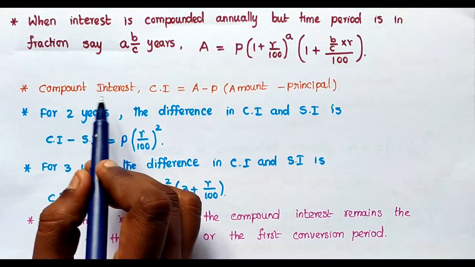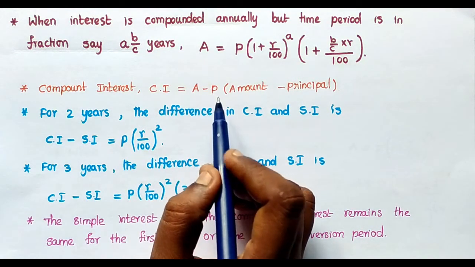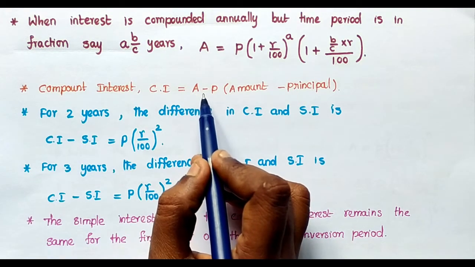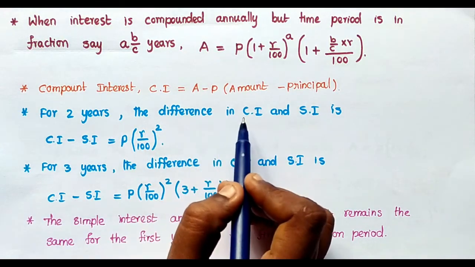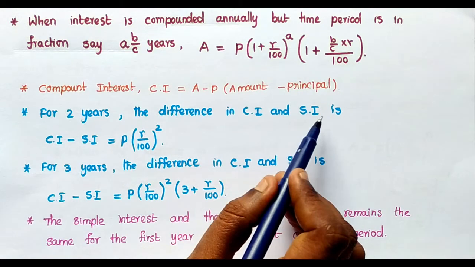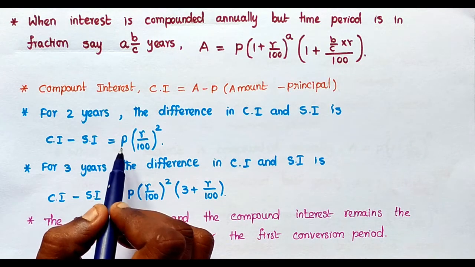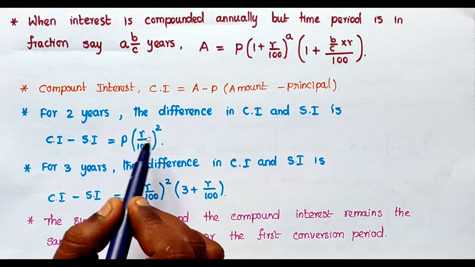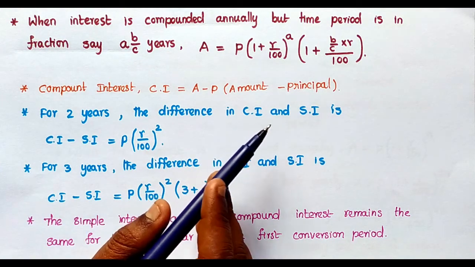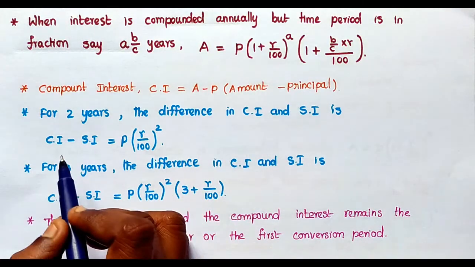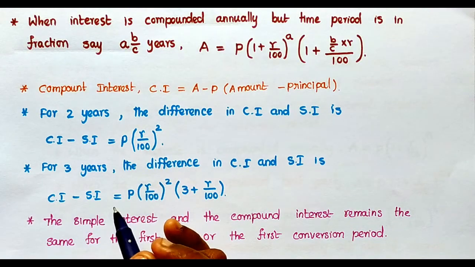Next one, compound interest CI equals amount minus principal, A minus P. For 2 years, the difference between compound interest and simple interest is CI minus SI equals P into (R by 100) whole square.